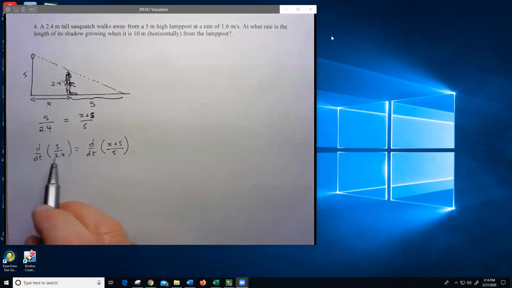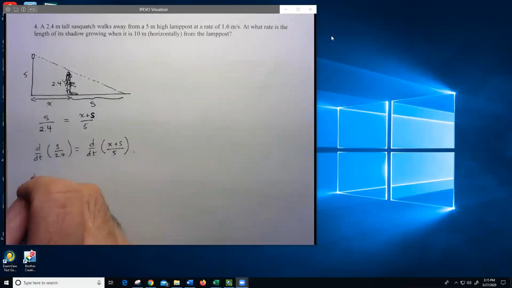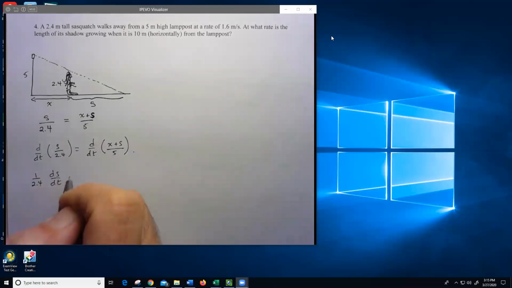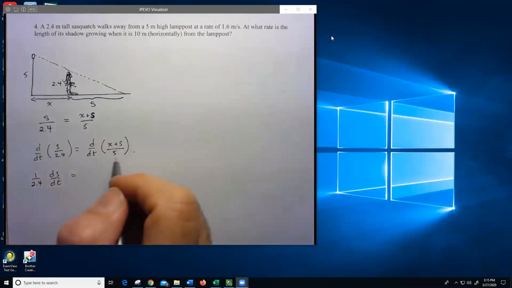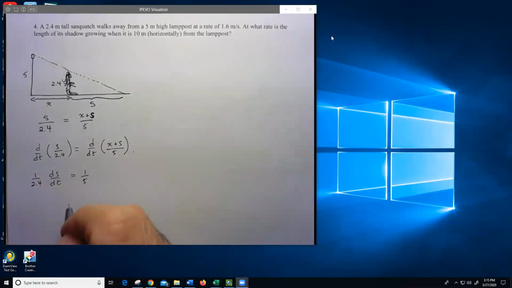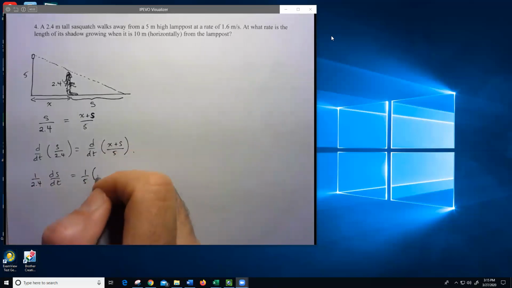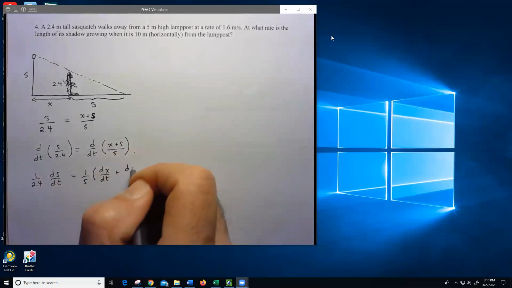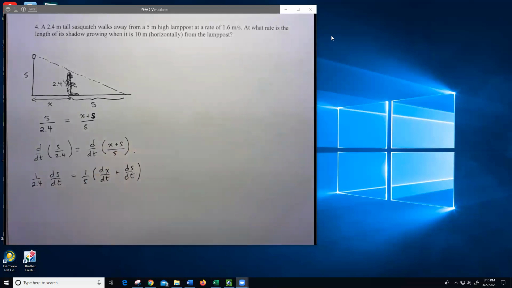Am I using the quotient rule here? No, I don't need to, because 2.4 is just a constant. So this is just 1 over 2.4 times ds/dt, equals, again, the 1 over 5 is just a constant. This is just a sum, so it's just going to be dx/dt plus ds/dt.